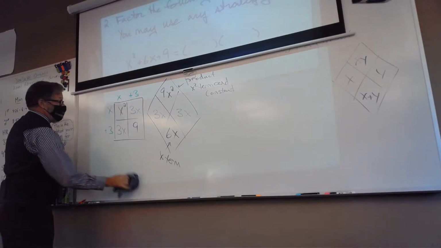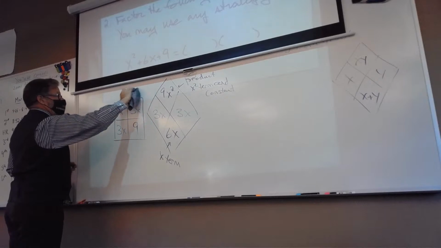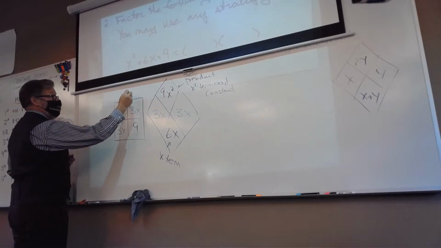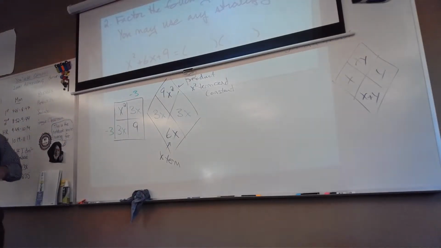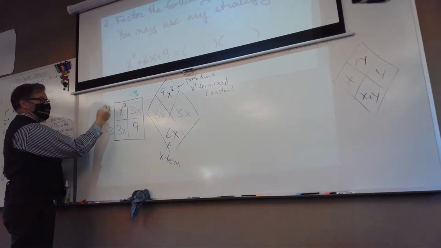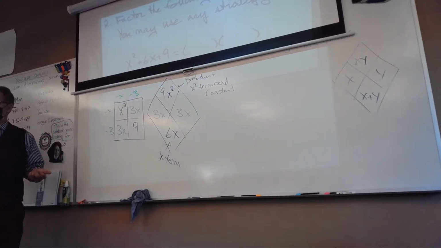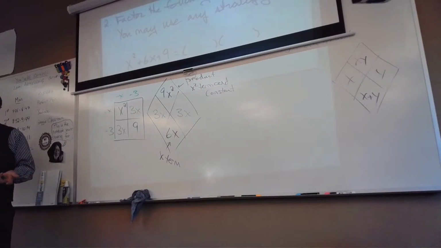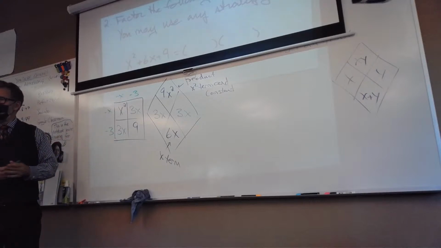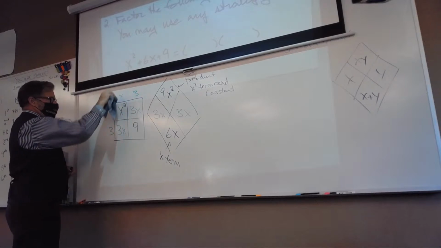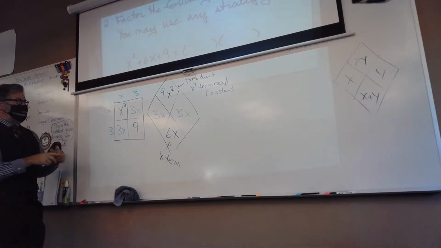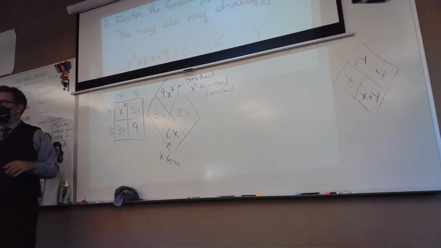Let me show you what happens if you start the other way. You could theoretically say, well, negative 3 times negative 3 is 9. But then I need a negative here to make this true. And so then I get negative x minus 3 times negative x minus 3 as my factoring. It's not wrong, it's correct. It's just a lot more complicated, because if you multiply these together, you still get all the same stuff. So this is why I like to start with the x squared term and figure out what goes here and here, and then use that to fill in the others.